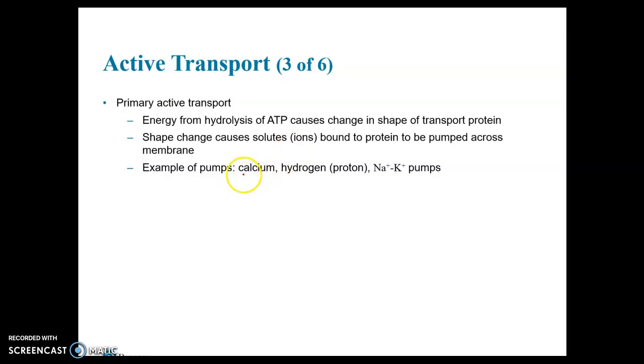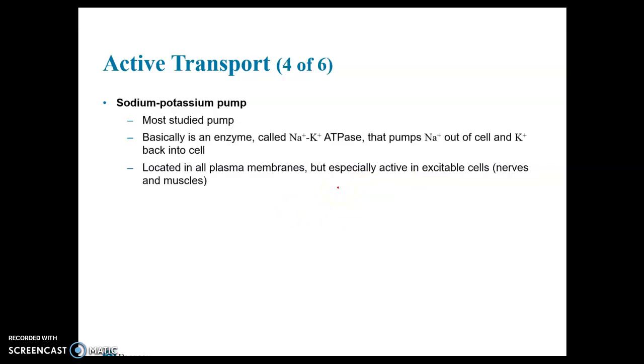So we have calcium pumps, hydrogen or proton pumps, and sodium potassium pumps, which is probably the most common and the one that you certainly need to understand. The sodium potassium pump is the most studied of all of these. Basically, the pump is an enzyme called sodium potassium ATPase, and it pumps sodium out and potassium into the cell.